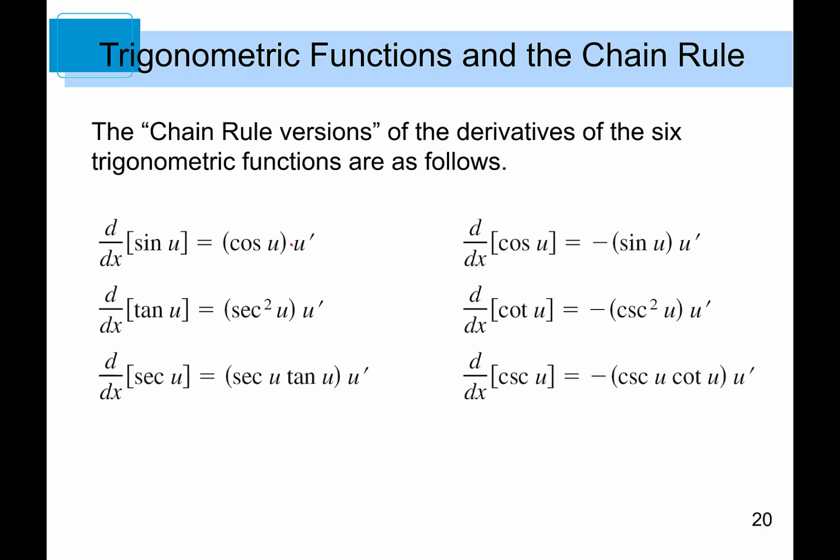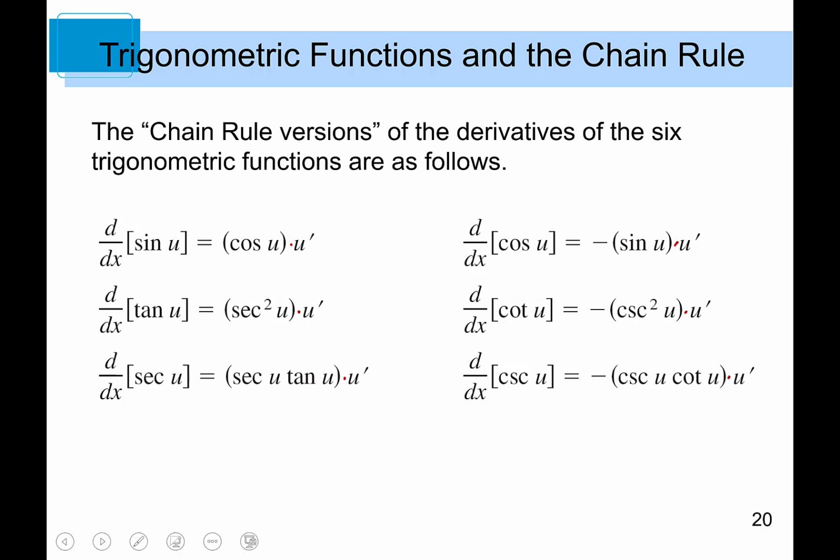And derivative of cosine u is negative sine u times u prime. Derivative of tangent u equals secant u squared times u prime. Derivative of cotangent u equals negative cosecant u squared times u prime. Derivative of secant u equals secant u times tangent u times u prime. Derivative of cosecant u equals negative cosecant u times cotangent u times u prime.